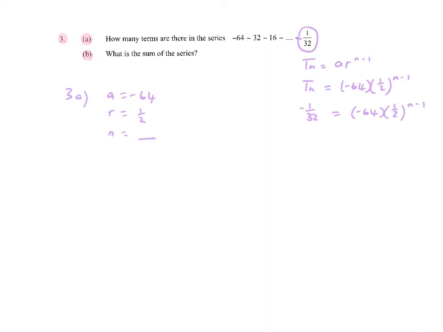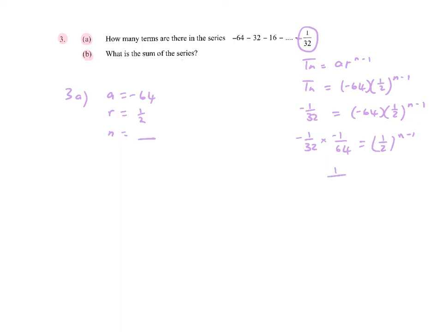Now we divide by −64 on both sides. We get −1/32, and dividing by −64 is the same as multiplying by −1/64 on both sides. So we get 1 over 32 times 64.